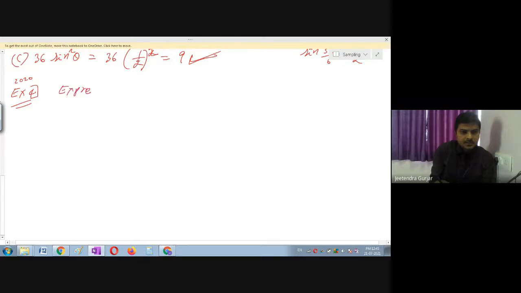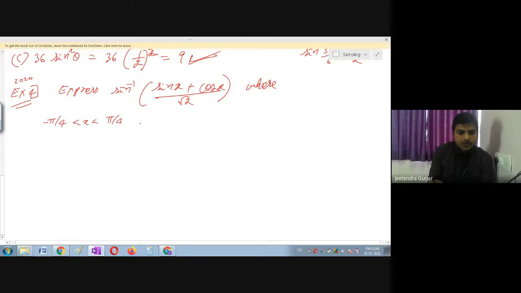Express sine inverse of (sin x plus cos x) divided by root 2. Yes students, easily using the inverse trigonometric functions you can solve this, where x is in between minus pi by 4 to pi by 4, in the simplest form.